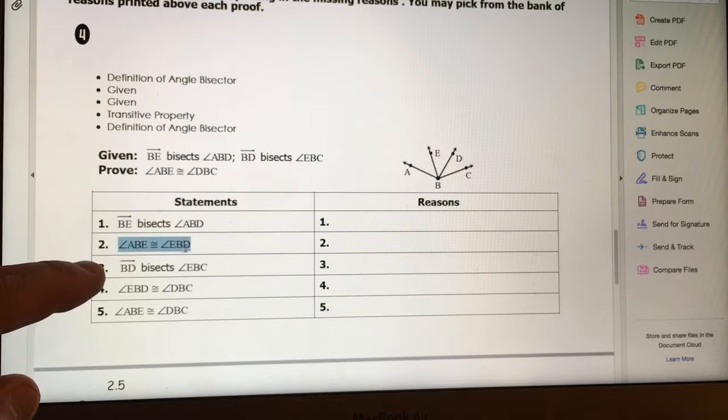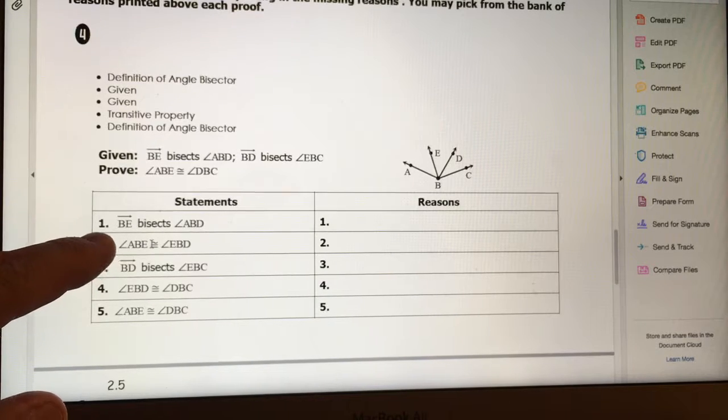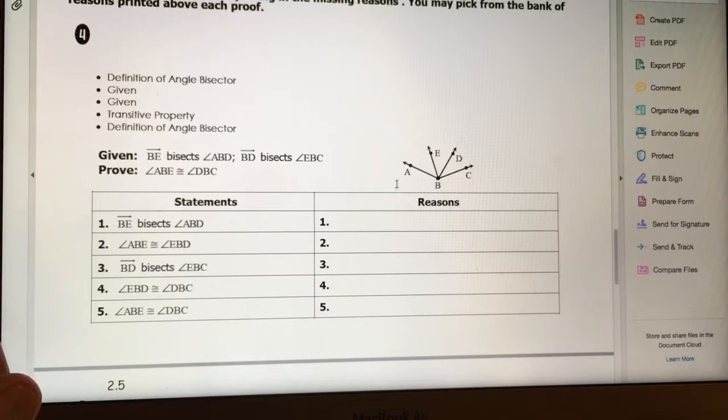Now they make the statement that angle ABE is congruent to angle EBD. So this angle right here is congruent to angle EBD. What allows us to state that? It's got to be something in here. And guess what?